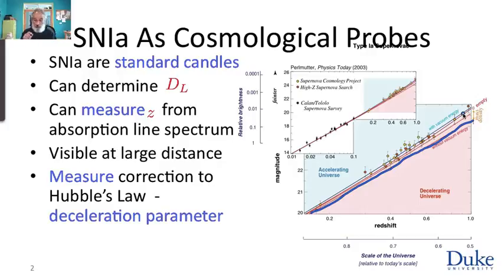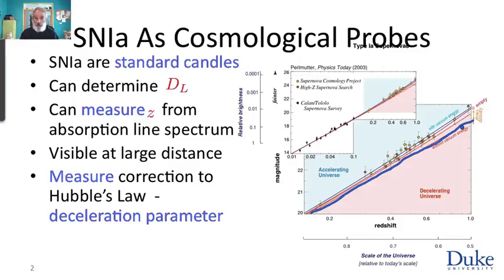What they were measuring is that the expansion of our universe is accelerating. From our understanding of cosmology, this means we have a non-zero cosmological term, because that is the only term that contributes with a negative sign to the deceleration equation, a negative sign to q. And so they are directly measuring the existence of a cosmological term.